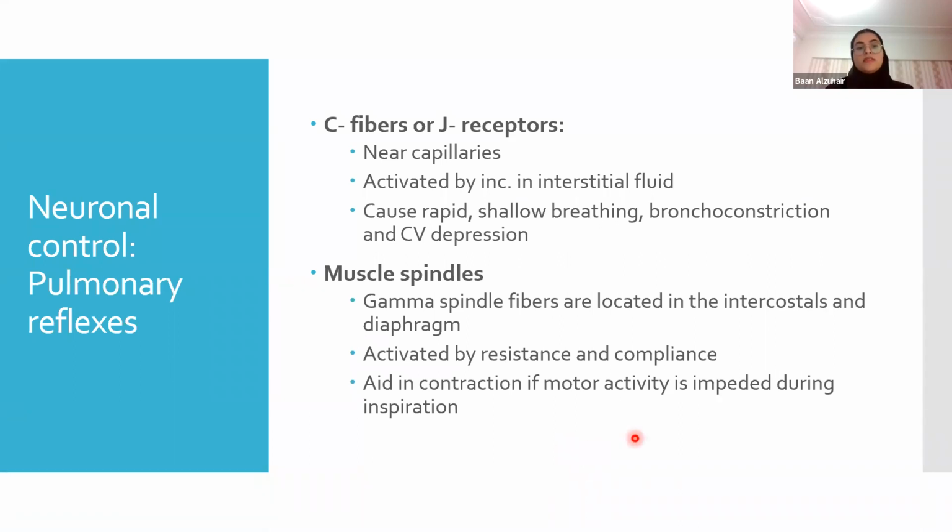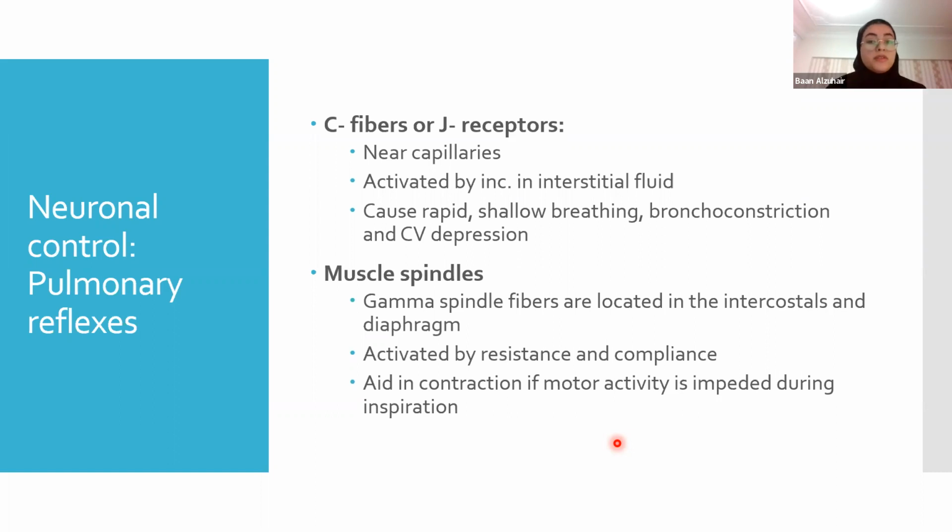So what happens if the muscle spindles are contracting way too much or if they're not contracting enough? For example, we have restrictive pulmonary disease. I'm not sure if you've taken the pulmonary diseases yet, restrictive or obstructive, but once you do, this will make sense, okay? In restrictive lung disease, the muscles fail to shorten.